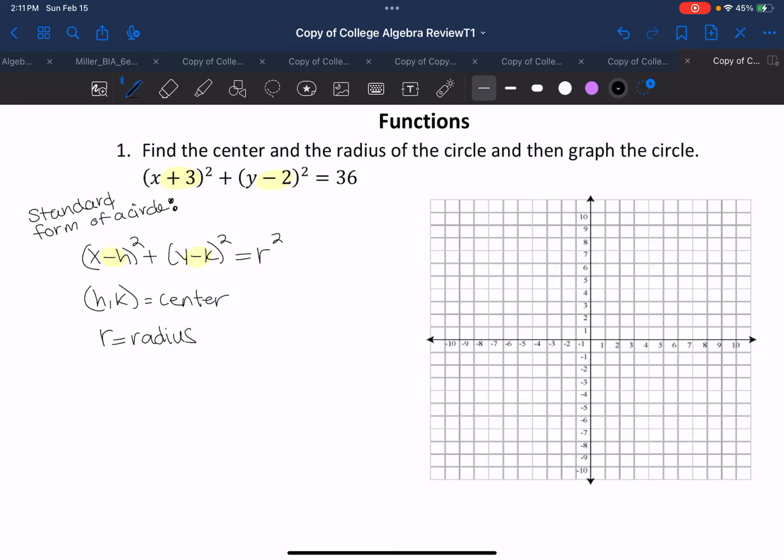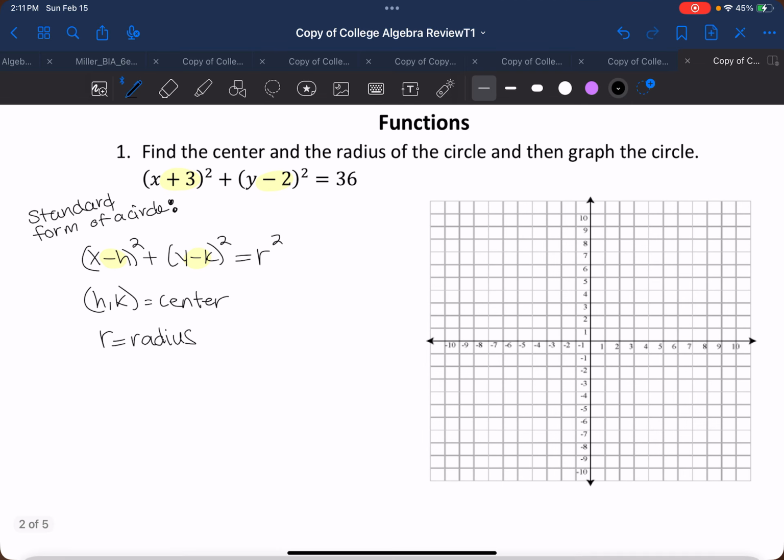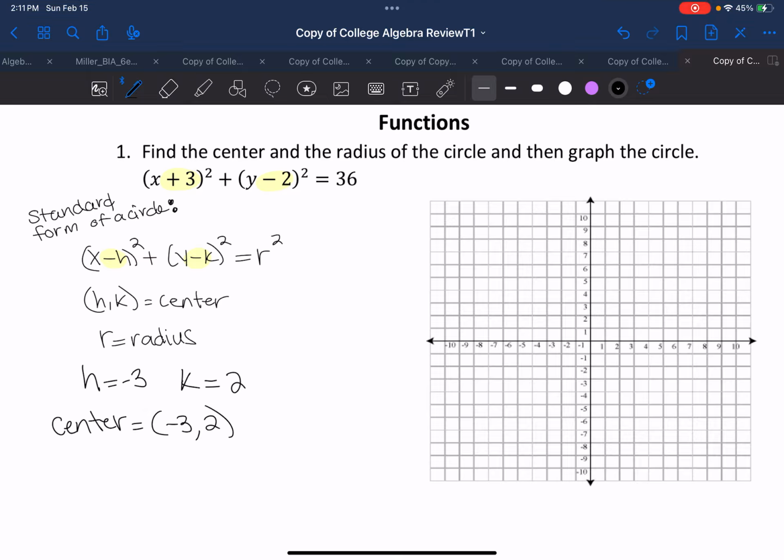So because that is a positive 3, h would have to be negative 3. And k would be a positive 2. So the center is (negative 3, 2).